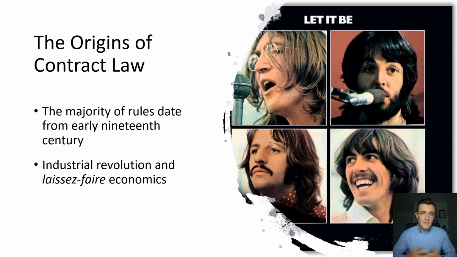And as a result of that, the number of transactions and the business of business itself started to increase, and with that came the requirement for some sort of regulation to govern that. And that very much was the genesis or the origin and the requirement for contract law as a branch of law in its own right, because prior to that, contract law didn't exist as its own separate entity of rules as we know it and study it today.